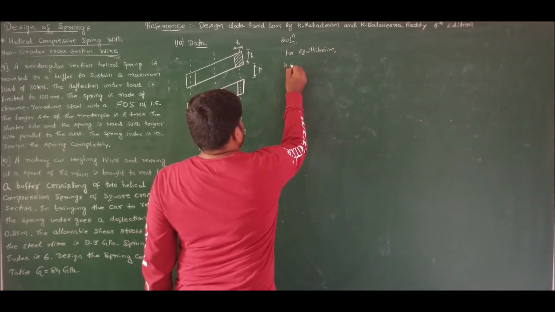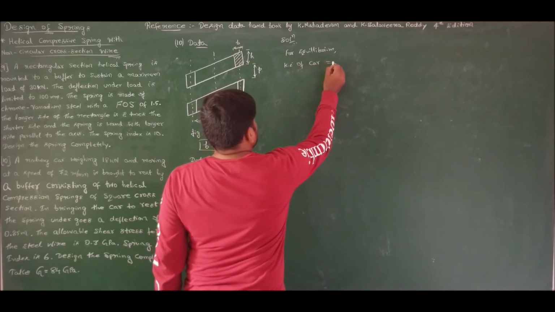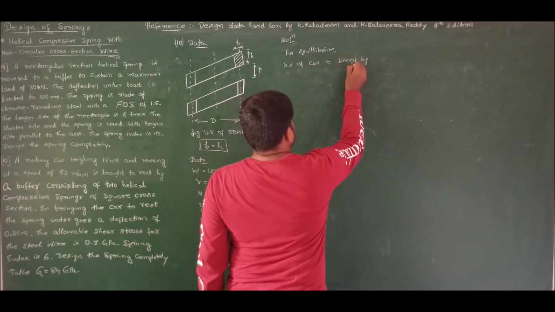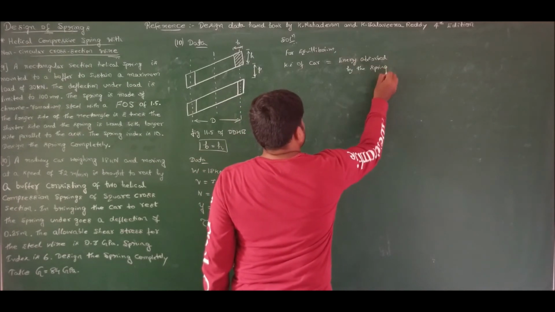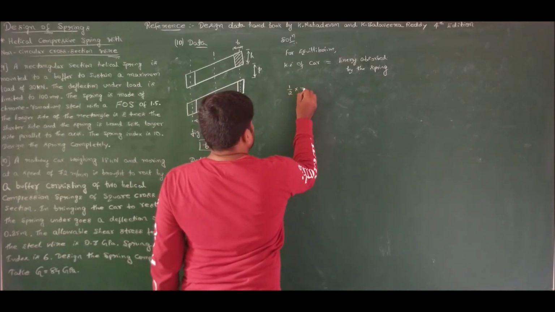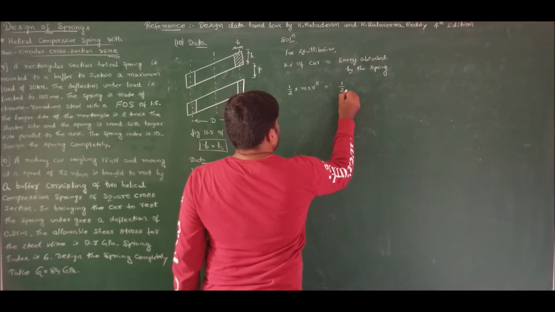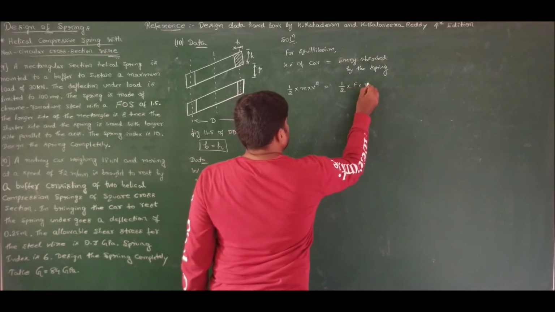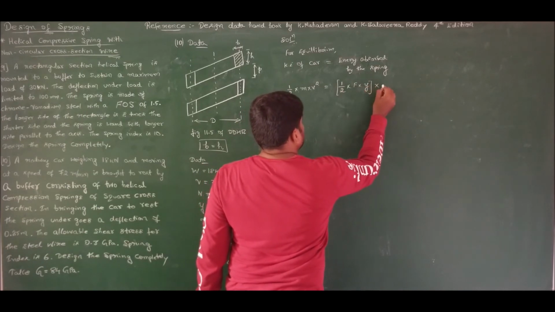kinetic energy of car must be equal to energy absorbed by the spring. You know that kinetic energy is given by half mv square should be equal to half Fy. We have more than one spring.